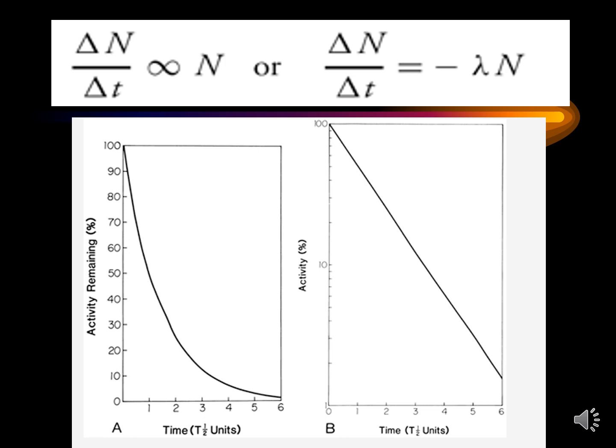So if I try to plot a curve for any radioactive material, I will put time on the x-axis, and on the y-axis the starting point, 100% activity, which will start to decrease with time until it reaches a minimum or a plateau. This is something that we know. If you put it on a logarithmic scale, you may end up with a straight line, which is the same idea, the same concept.